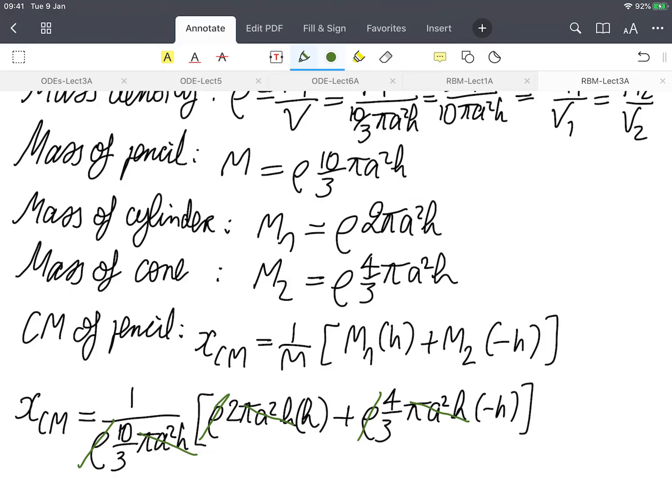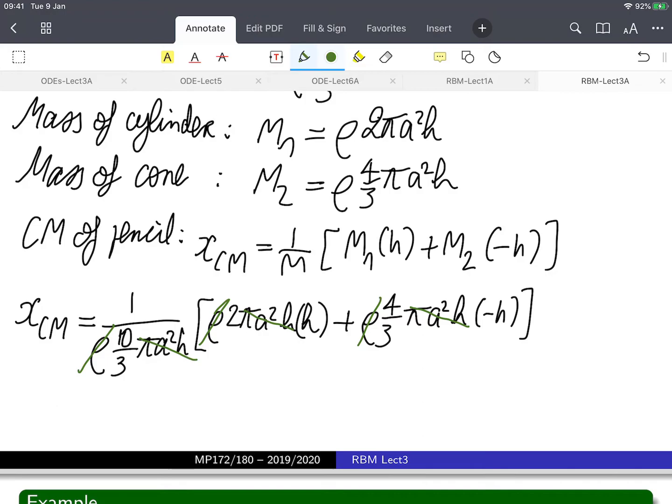So I'm left with 3/10 times, at the top I have 2h minus 4/3 of h.